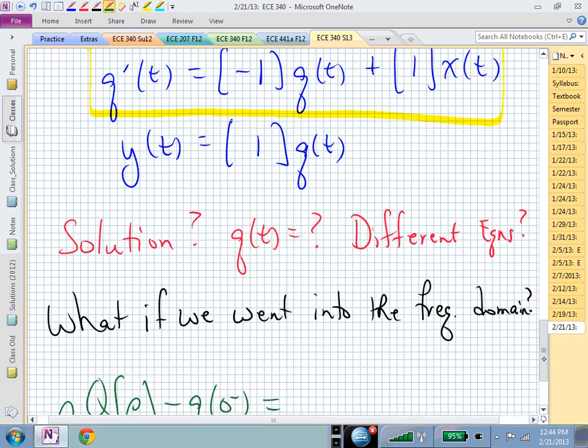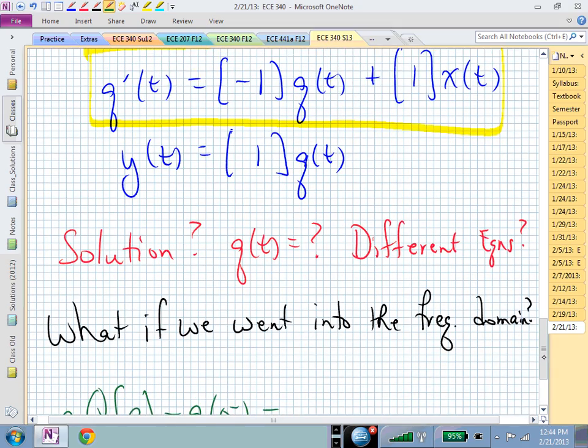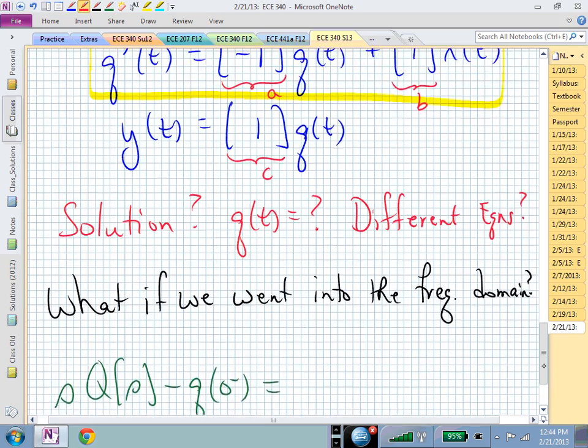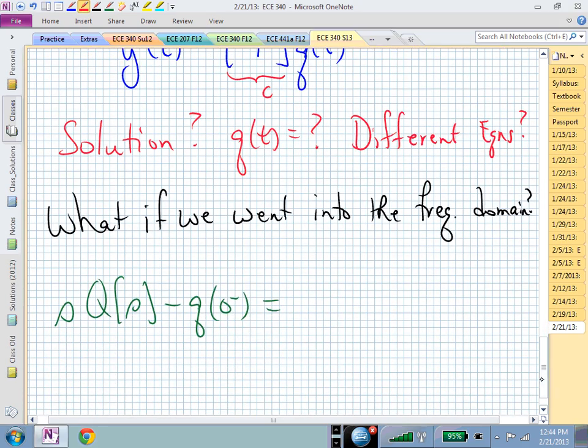Now if we went back to what we had before, this piece was just little a, this piece was little b, and if we needed it, that was little c. Now if we Laplace transform the right-hand side, we have a times capital Q of S plus b times capital X of S.